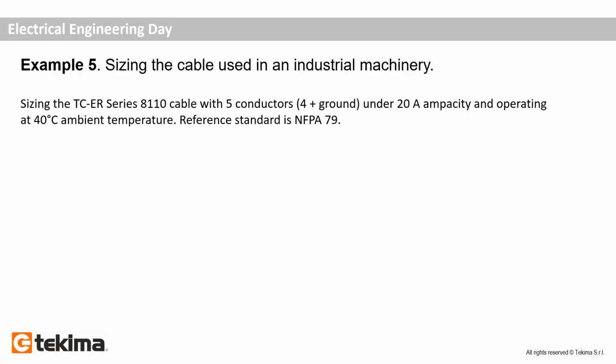In example number 5, we will size again a tri-cable exposed run series 8110 made of 5 conductors operating at 20 amperes and 40 degrees Celsius ambient temperature. Standard reference is the NFPA 79 industrial machinery.